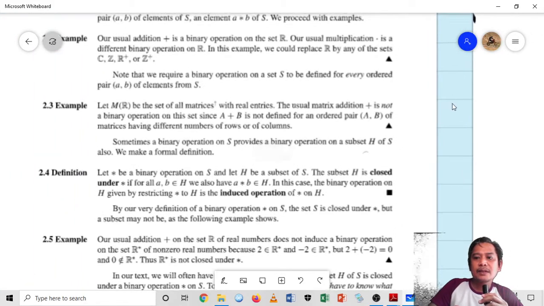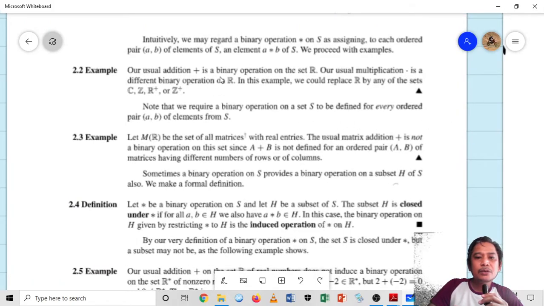As mentioned earlier, the usual addition is a binary operation on the set of real numbers. Also, the usual multiplication is a binary operation on the set of real numbers.